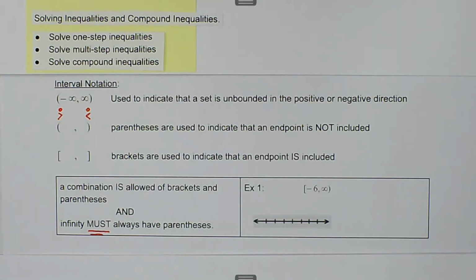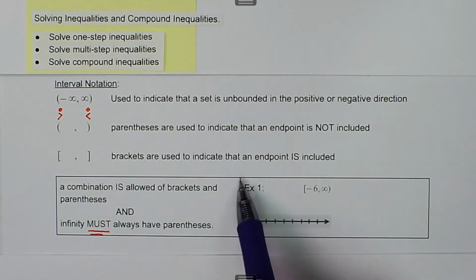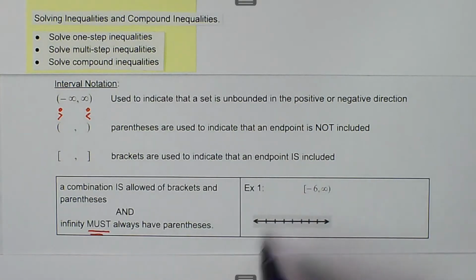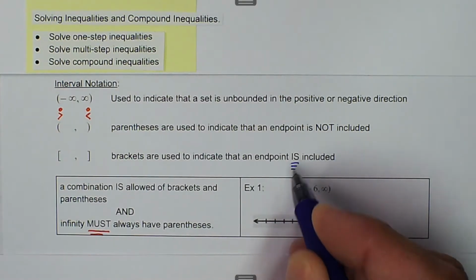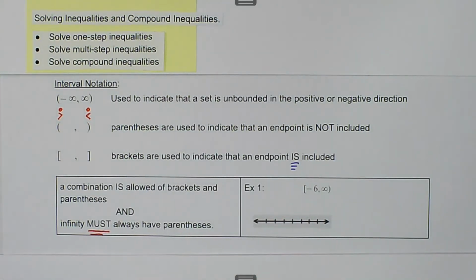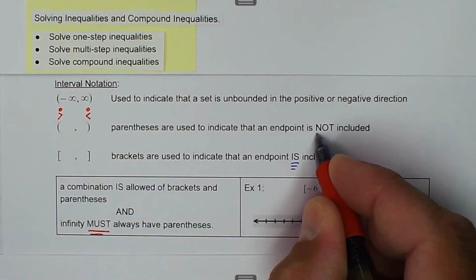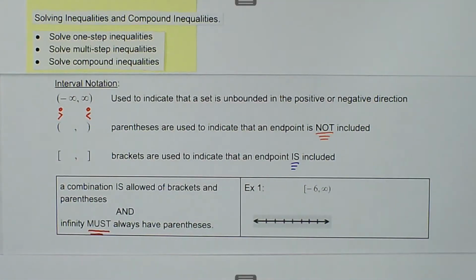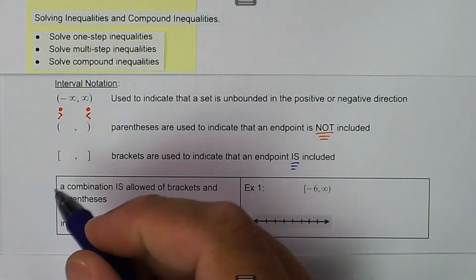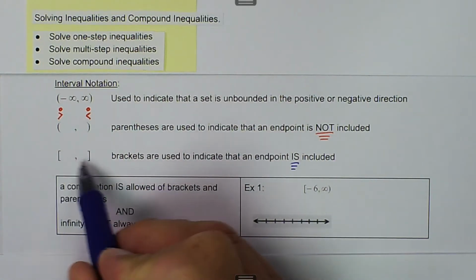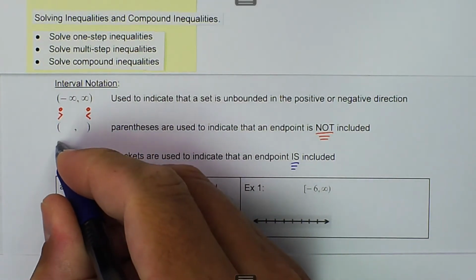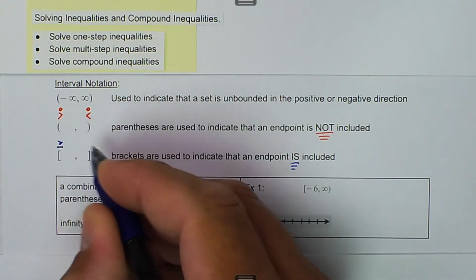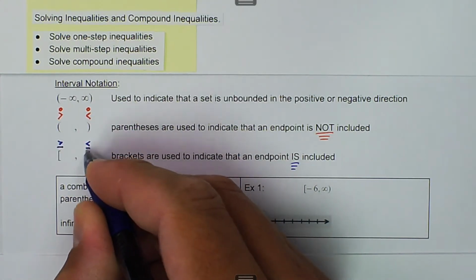the equal sign. Brackets are used to indicate that the endpoint is included. So this one is included, whereas the parentheses is not included. The symbols that correspond to brackets would be greater than or equal to or less than or equal to.